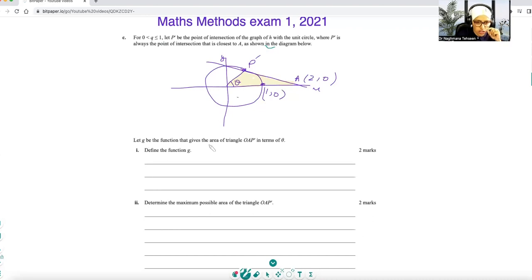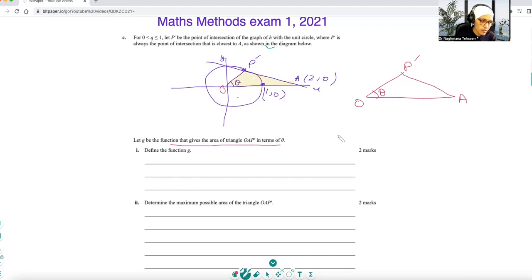We need to define the G function that gives the area of the triangle OAP dash. If you see that, the triangle looks like this. P dash is there, O, and this is theta, and this one is A.